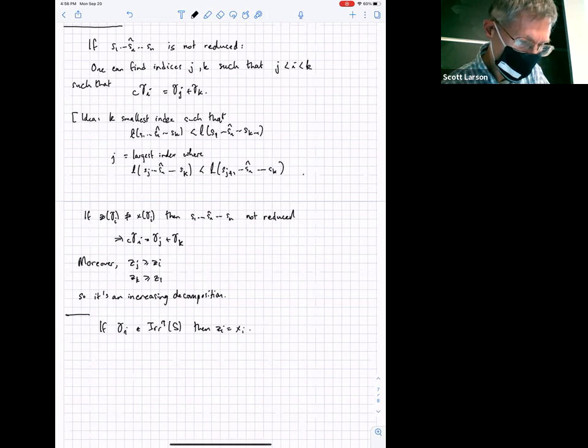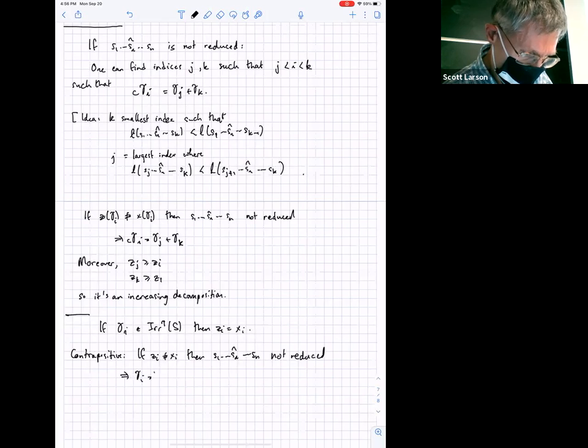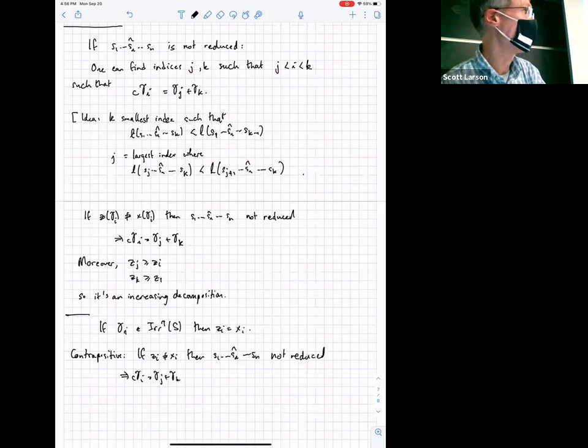And we did this by the contrapositive: if zi is not equal to xi, then S1 up to Si hat up to Sn is not reduced. Then this says that gamma I equals gamma j plus gamma k, and that's an increasing decomposition, so gamma I is not irreducible.